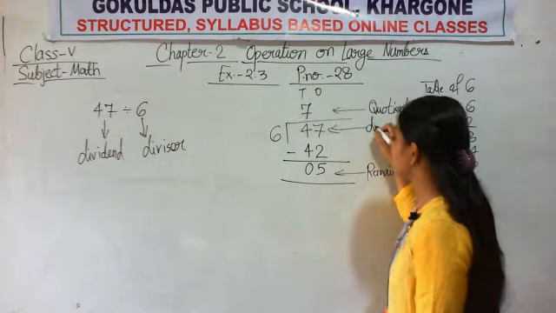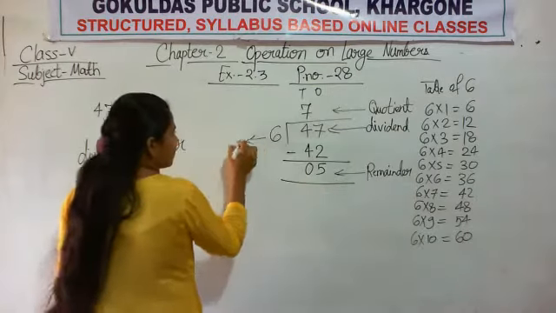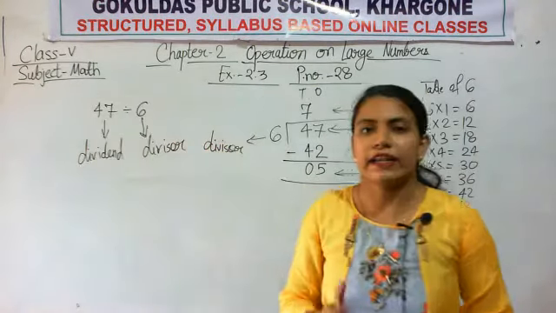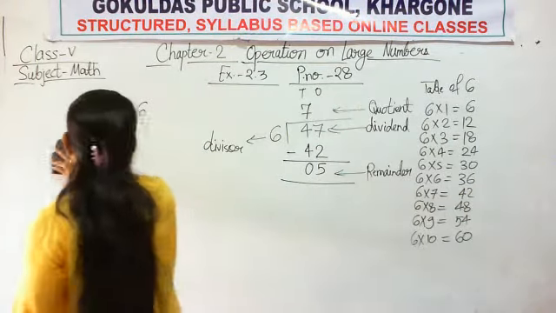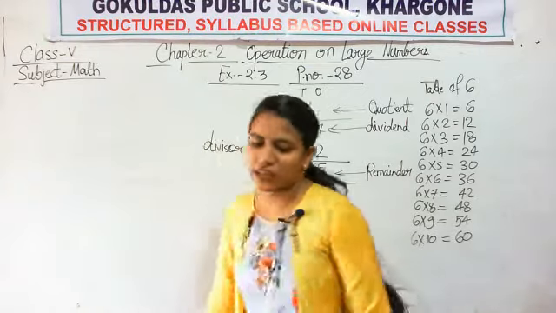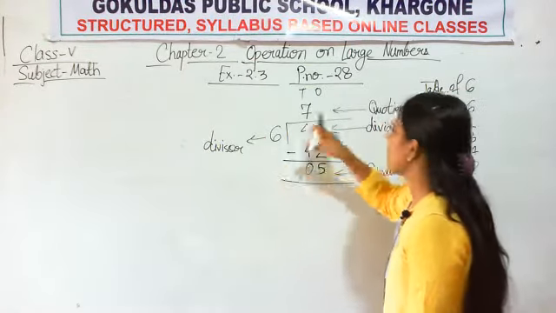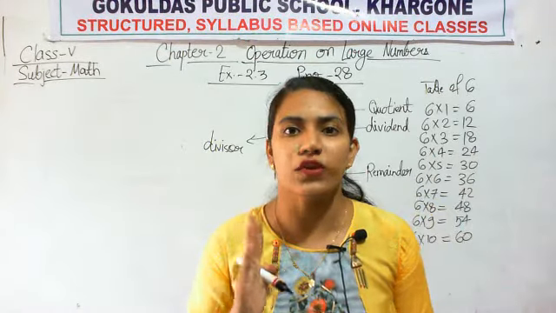The number 47 is the dividend and the number 6 is the divisor. So in division 4 terms are there: dividend, divisor, quotient and remainder. These are the 4 terms related to division.